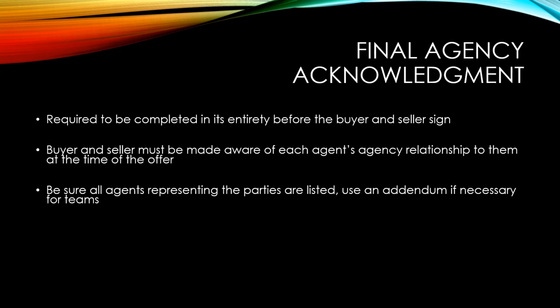When she writes up the offer, she should be listing herself and anybody else on that team that represents the buyer as a buyer's agent in the final agency acknowledgement. Because the seller has a right to know who all the people are that represent that buyer so that they don't disclose things to them that they wouldn't have disclosed had they known.